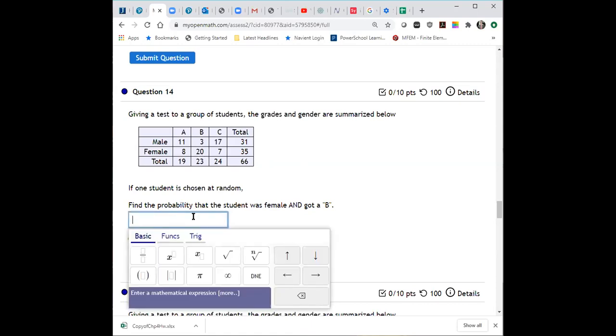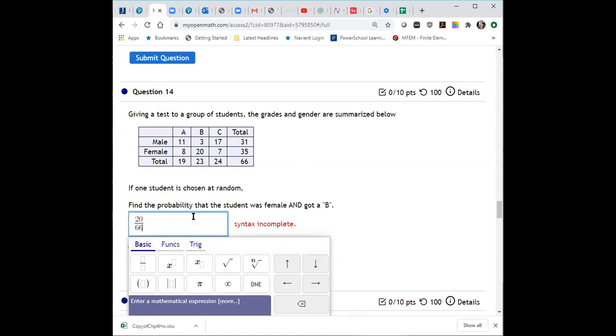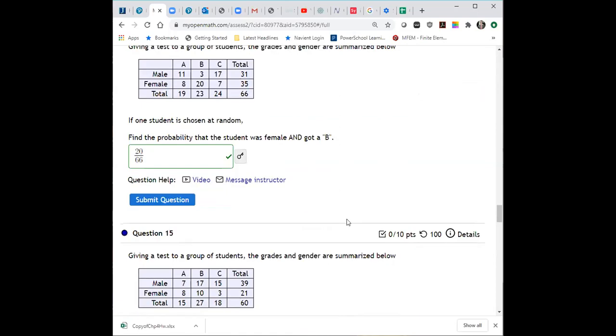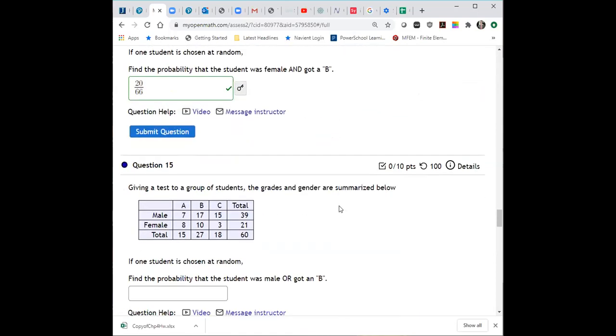So the probability will be 20 over the total, which is 56. Okay, the next one.